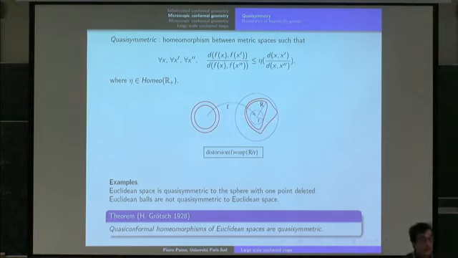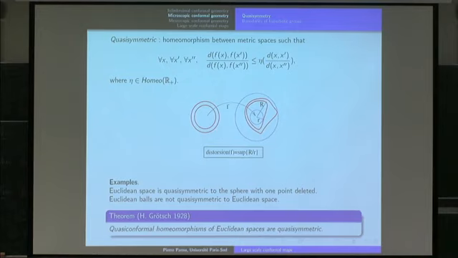The prototype is the power map z to the k, which is only Hölder at the origin. But it's nevertheless pretty close to Lipschitz. I think of this as some kind of attempt to coarsify conformal geometry, but at some microscopic scale.